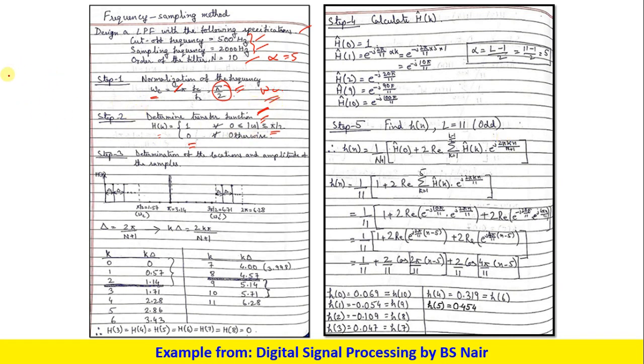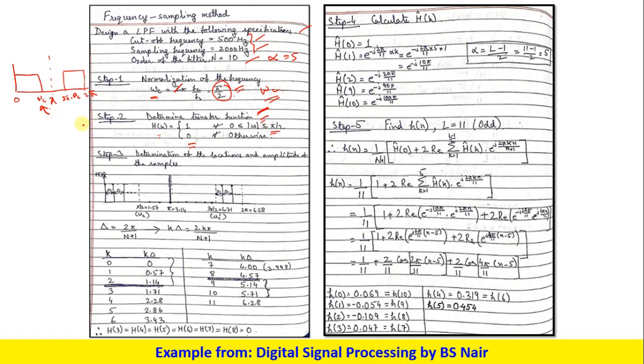We discussed the distribution of the frequency components: it was 0 to omega c and 2 pi minus omega c to 2 pi, right?